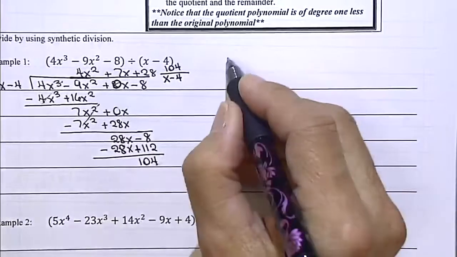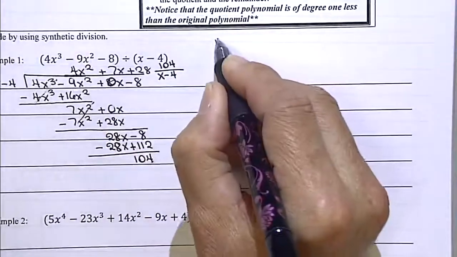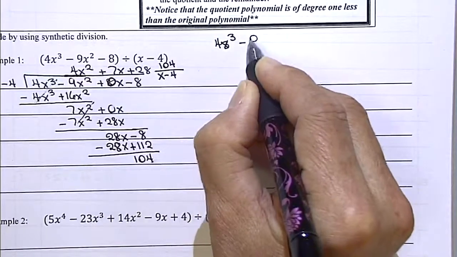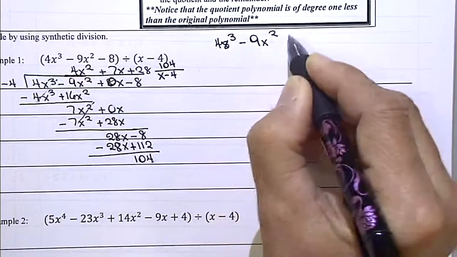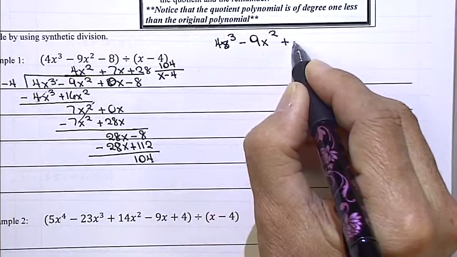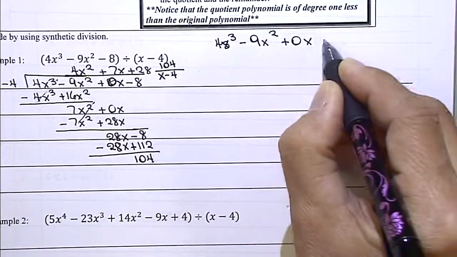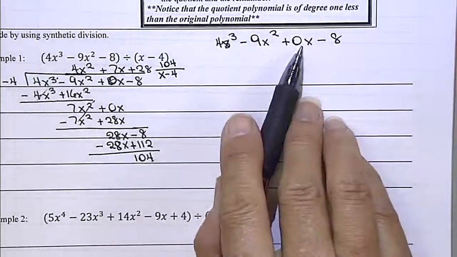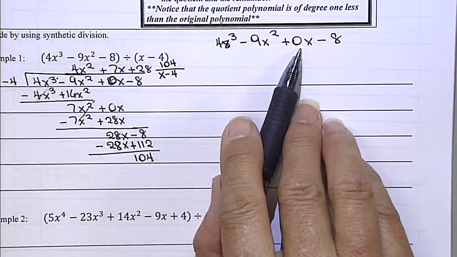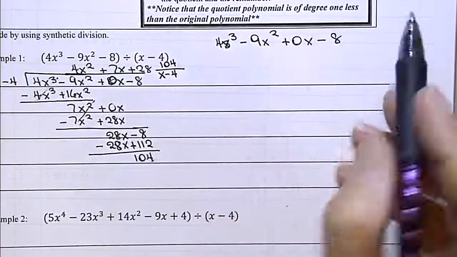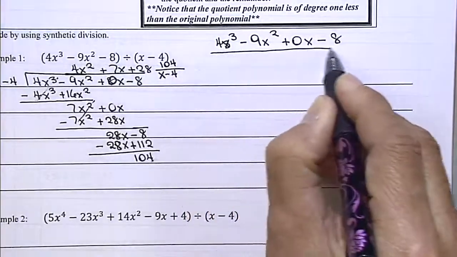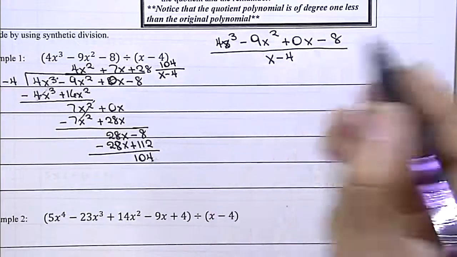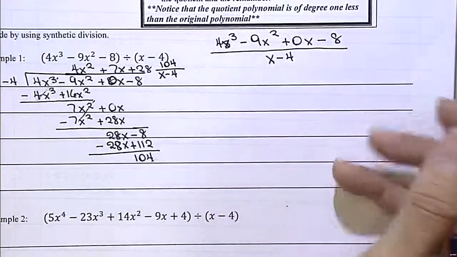So what I've got here is 4x cubed minus 9x squared plus 0x, there's the one that's missing, minus 8. Write it out first so that you don't leave out this part, okay? The missing piece has to be filled in. I'm going to divide that by x minus 4. So I'm just rewriting the problem so that it has all of its pieces, right?